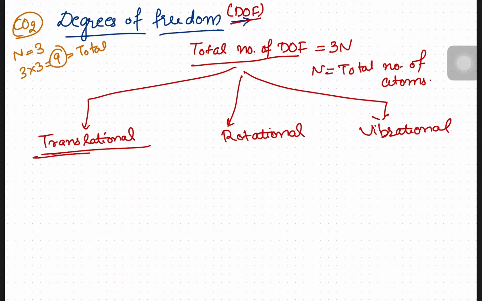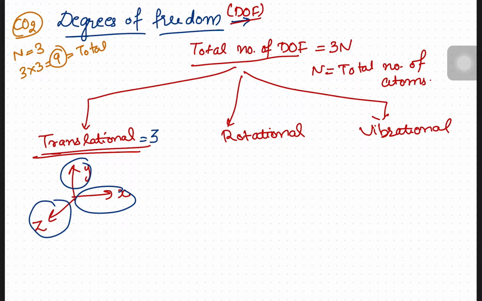Okay, so we know that translational degree of freedom means the molecule can move in a straight line. The molecule has three options: either it can move along the x-axis or along the y-axis or along the z-axis. So the total translational degree of freedom is 3. The molecule can move in any of these axes.